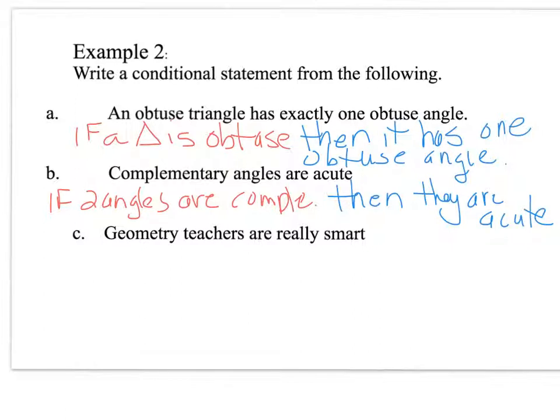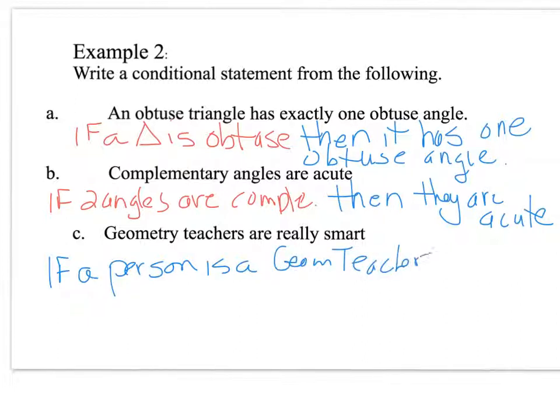Oh, I really like this last one. Geometry teachers are really smart. So the if part, if a person, see how you have to kind of reword it a little bit, is a geometry teacher. Oh, what color should I have made that? This should have been red, right? But I'm going to just keep it blue.